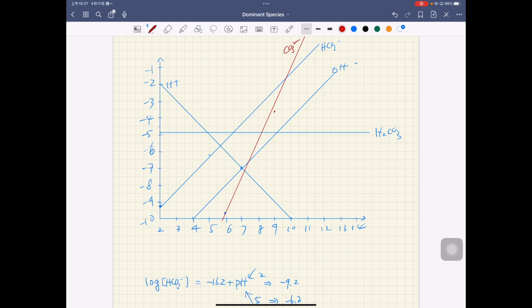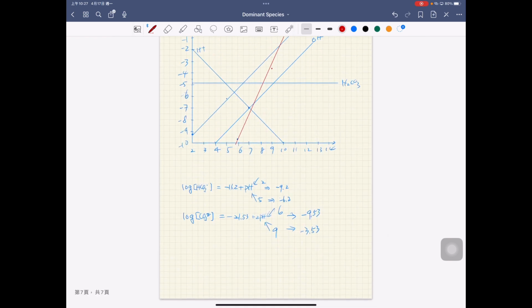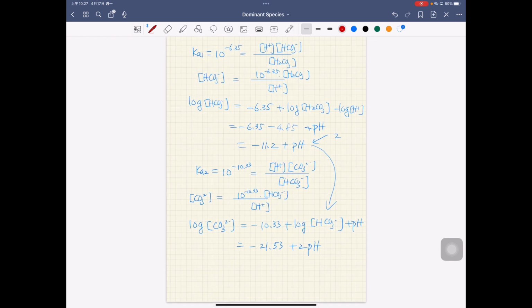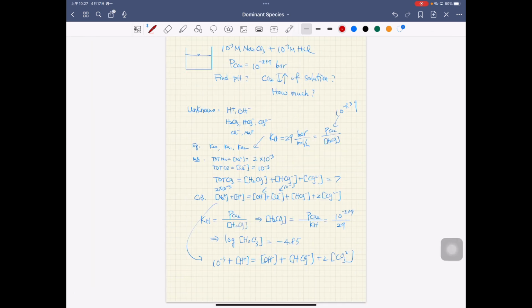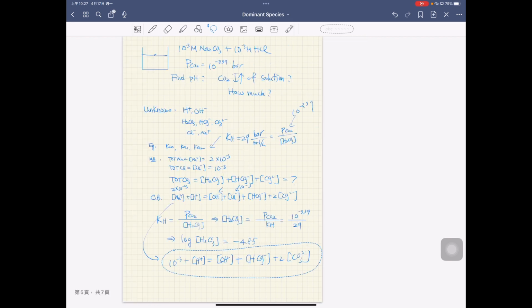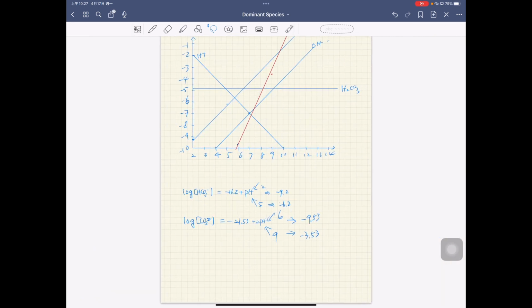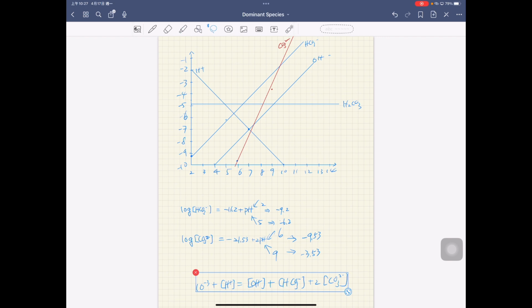CO3 2 minus. Okay. Now, what is my left hand side? Let me copy it here. Left hand side is 10 to minus 3 plus H plus, right? 10 to minus 3 actually just this line though.